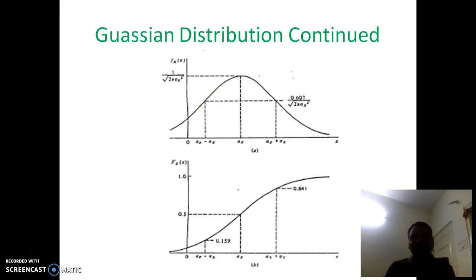The Gaussian density function follows a bell-shaped curve and the corresponding distribution function has been shown. Both the density function and the distribution function have been shown on the slide.